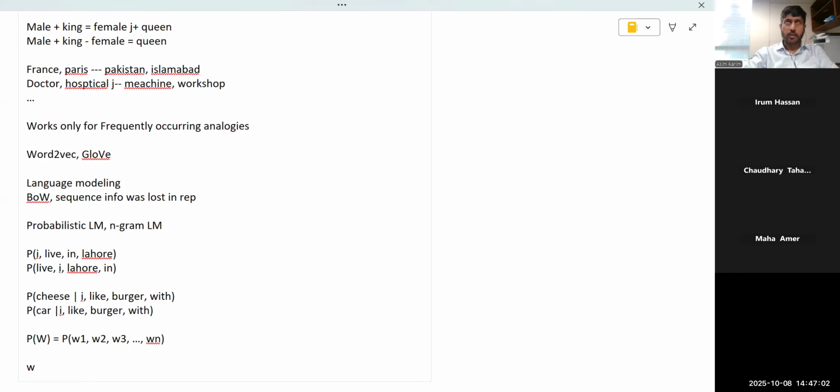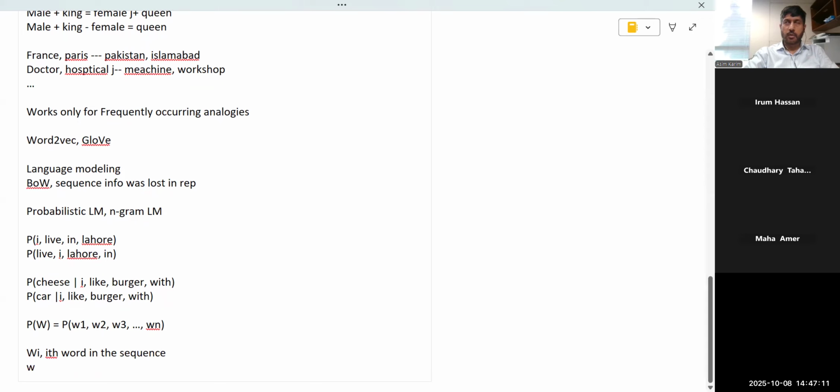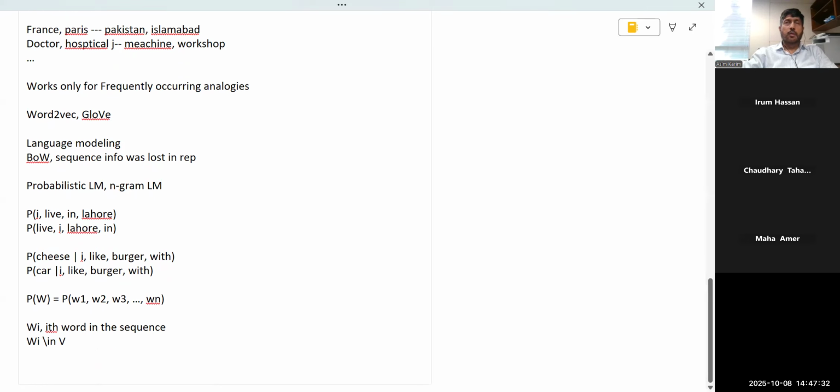So W1, or in general Wi, is the ith word in the sequence, and Wi can be any word from the vocabulary. We can come back to that later on.